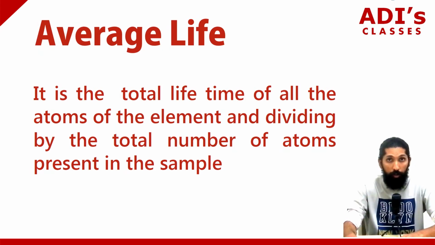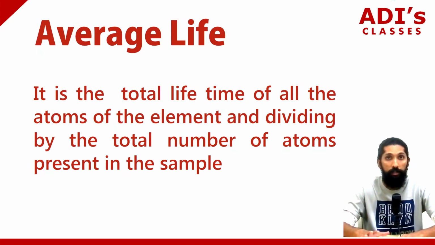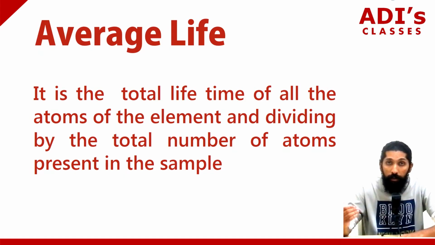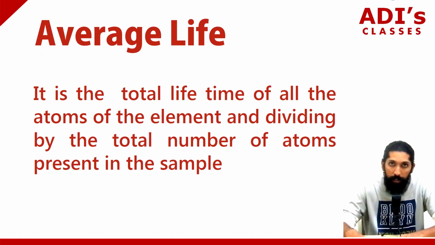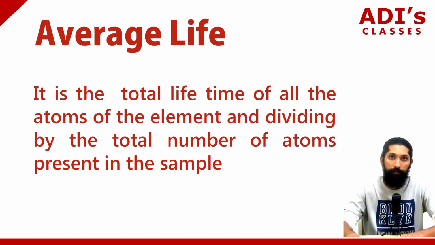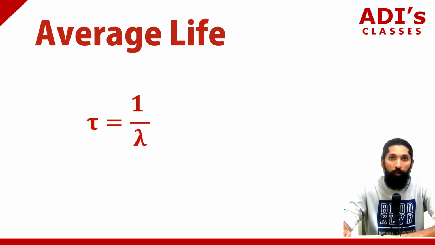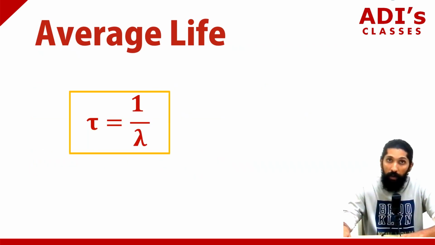We have to talk about the life of the atoms present in the sample, relative to the total number of atoms present in the sample at that instant of time. This basically is the average life. Mathematically, tau is equal to 1 divided by lambda. This is the average life.